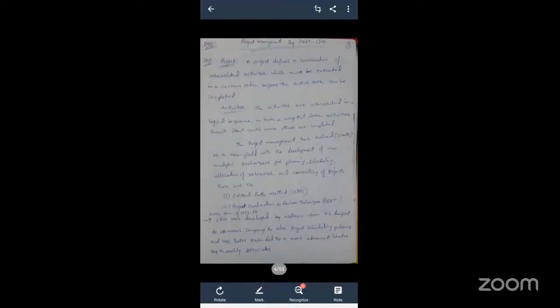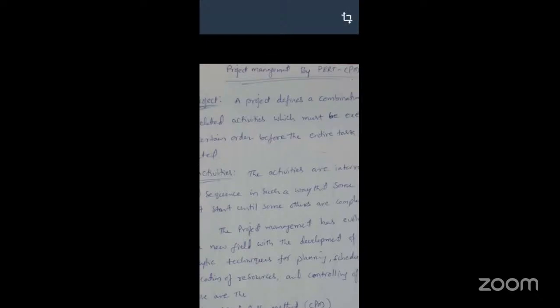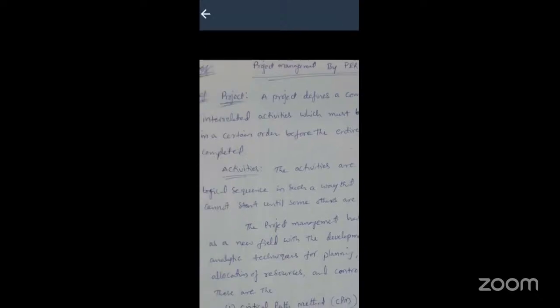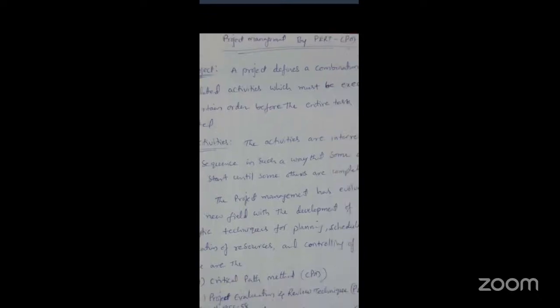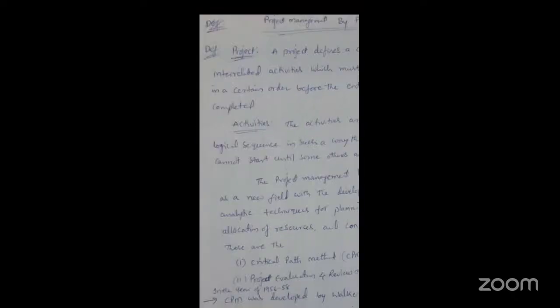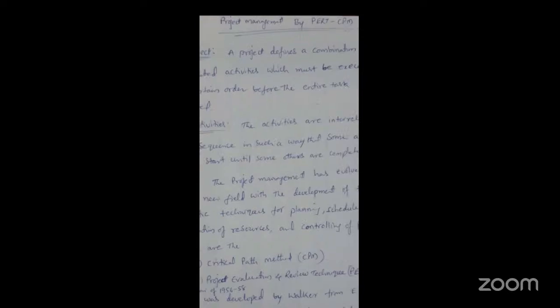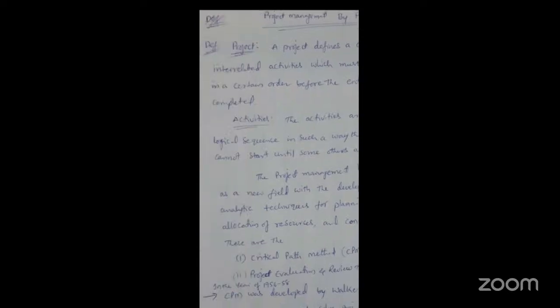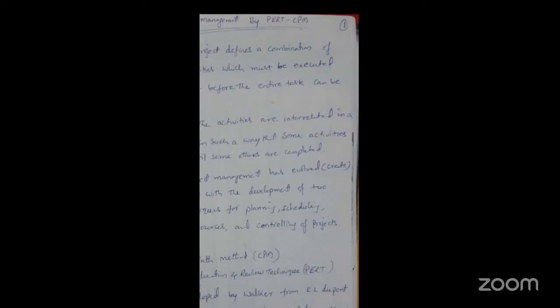So under this, first let me discuss a few basic definitions and terminology. First, coming to the project. A project defines a combination of interrelated activities which must be executed in a certain order before the entire task can be completed.